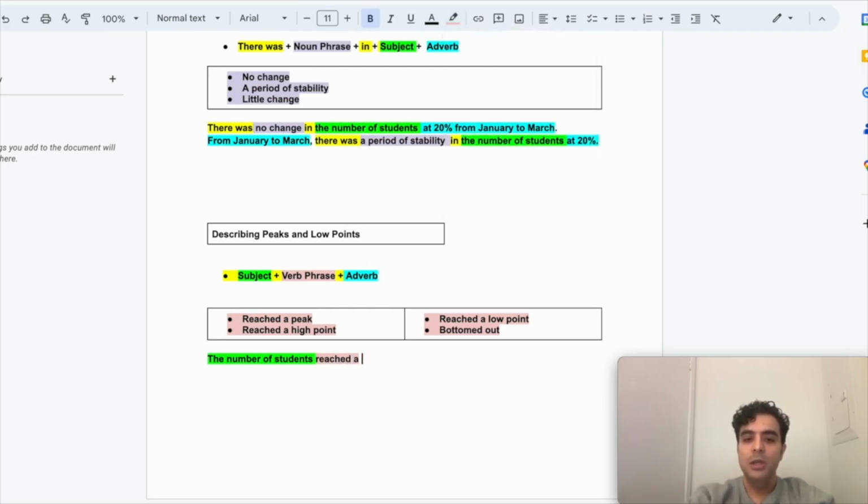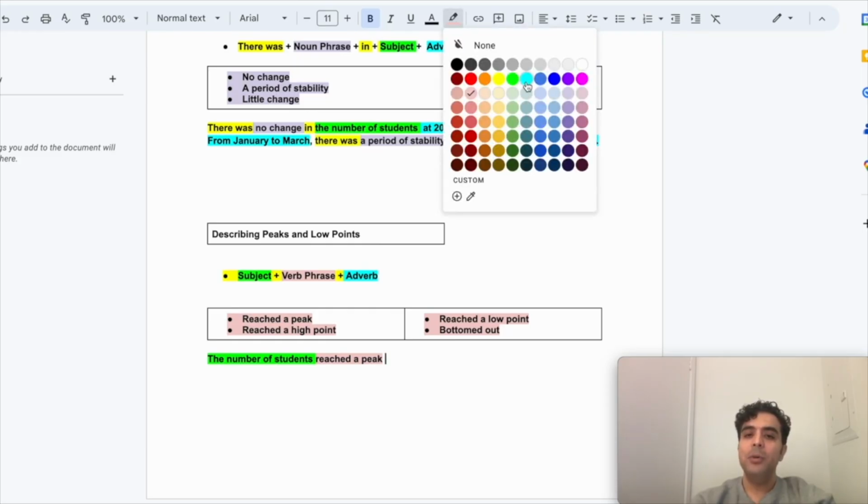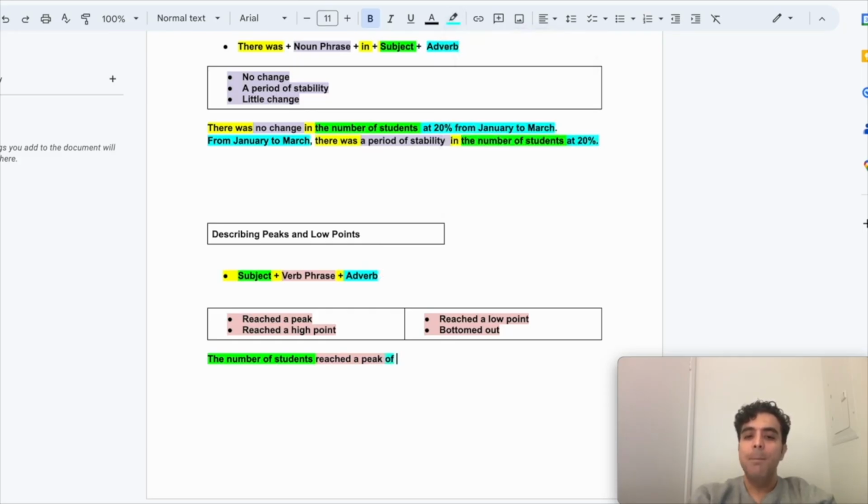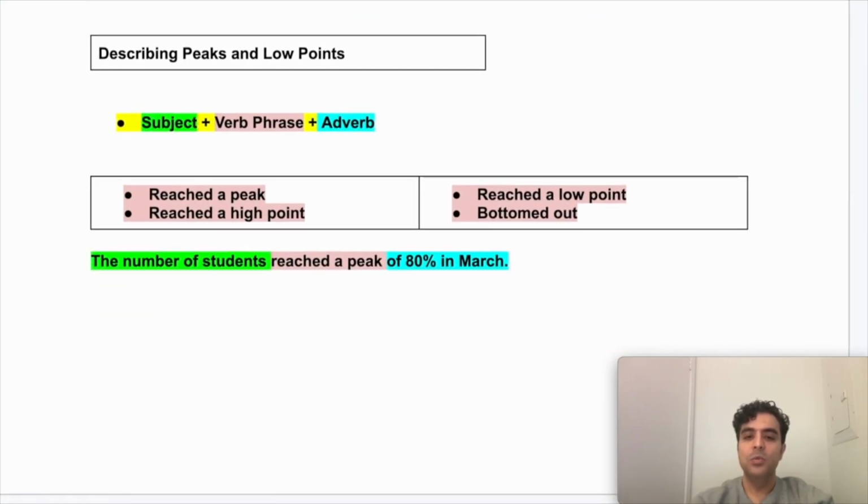So reached a peak. What about the quantity? So immediately after peak, you're going to say a peak of 80%, right? And then you need to mention the time period. So let's say it's in the month of March. There, the number of students reached a peak of 80% in March.